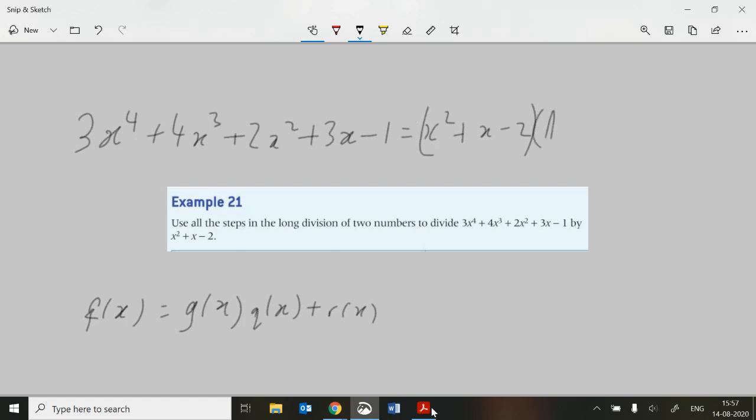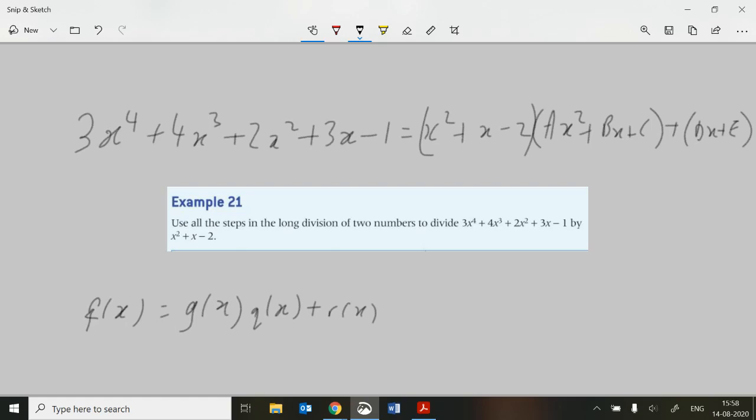So we're going to set this up as ax squared plus bx plus c. And remember that the remainder always has a degree which is 1 less than the divisor.